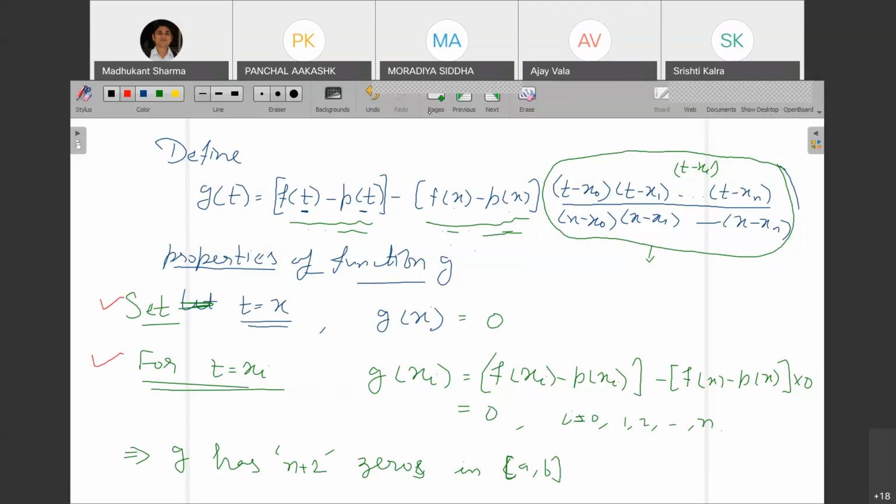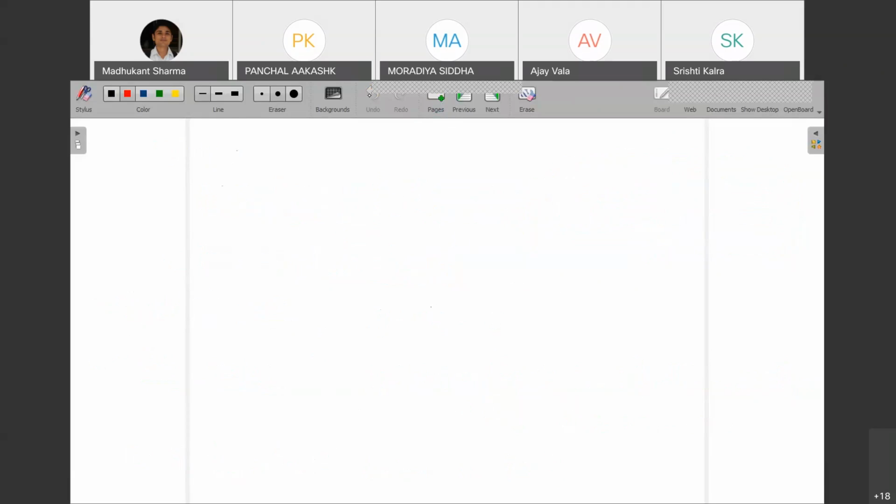Now I'm going to apply Rolle's theorem, which you have already studied in your first semester. So what is Rolle's theorem? Let's say h is continuous on the closed interval AB, and differentiable on the open interval AB.